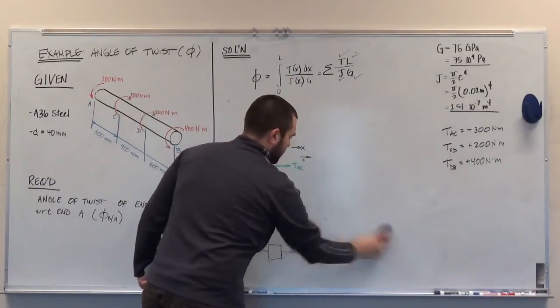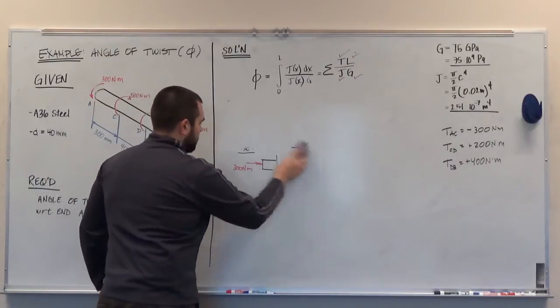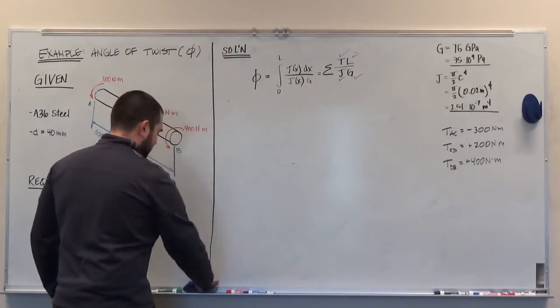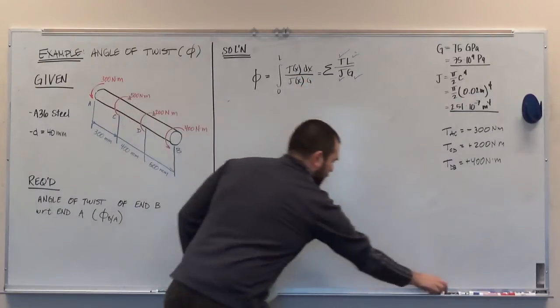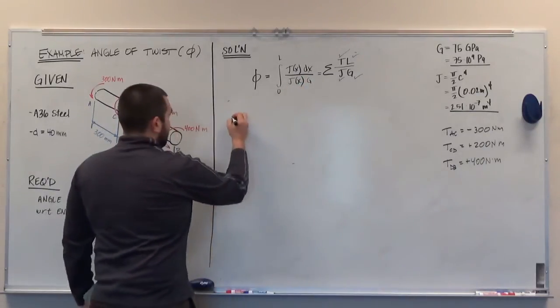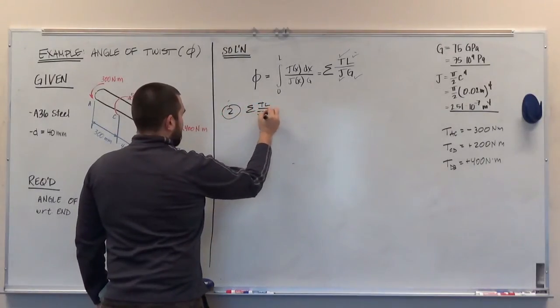And step number 2 is just going to be evaluating that arithmetic summation equation of TL over JG that we identified as our fundamental, overarching general equation. And so now I'm going to apply summation TL over JG.